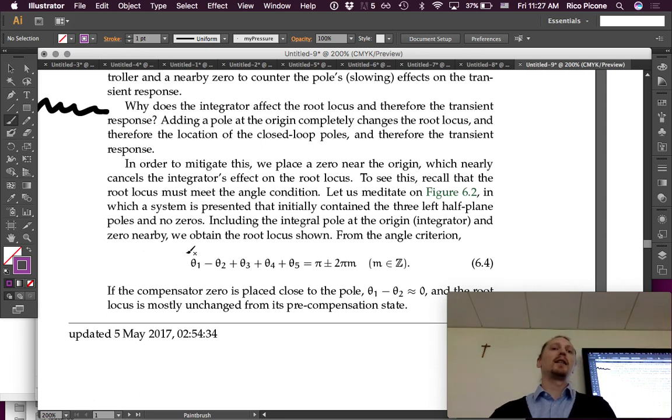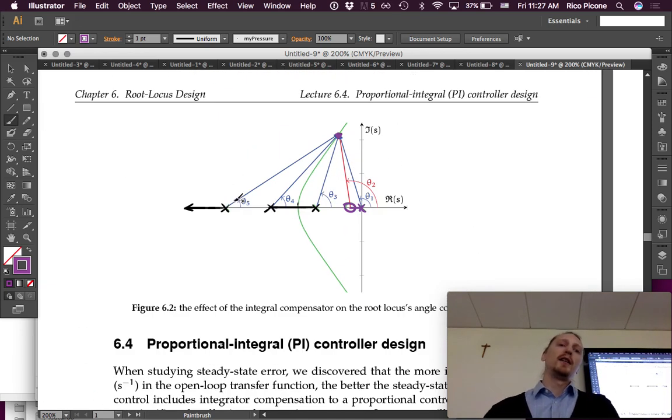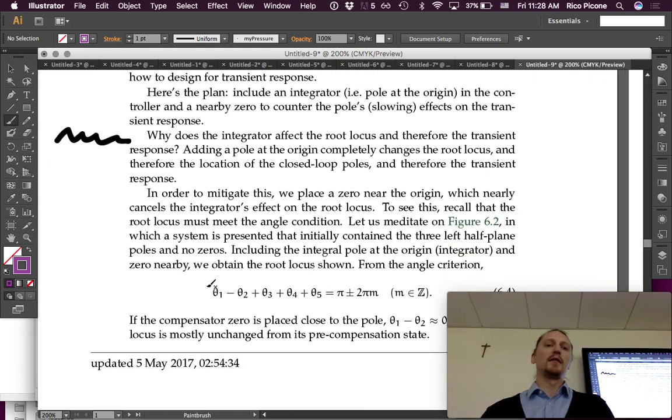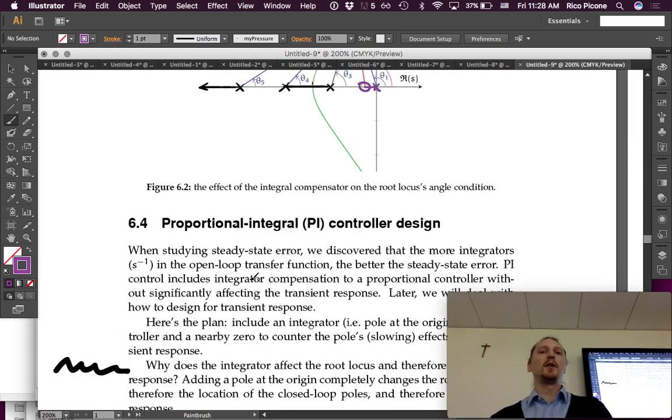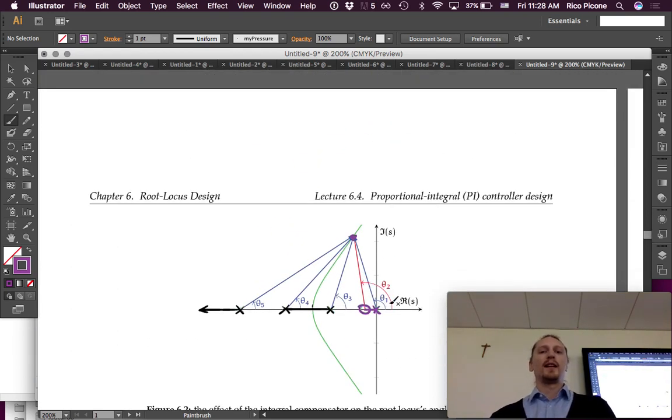So theta 1 comes from the angle that the vector that starts at this pole and goes to this test point makes with the real axis, and so that's theta 1. It's a pole, so it has a negative contribution, right? So negative theta 1. And then theta 2 is the only zero, and it has a positive contribution.